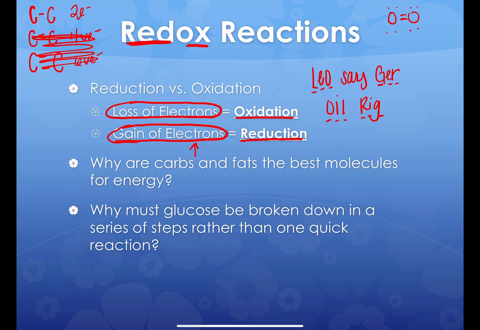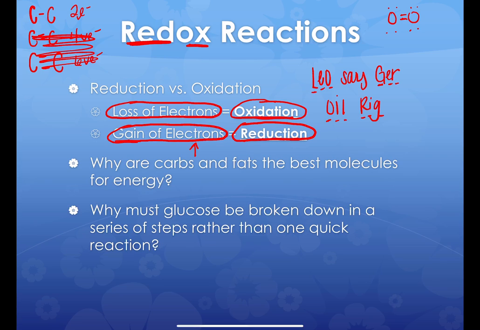A compound or a molecule can lose electrons in this process, or it can gain electrons in this process. When a bond is broken, an element that has lost electrons is said to be oxidized. A molecule or compound that gains electrons is said to be reduced. And that's really important.